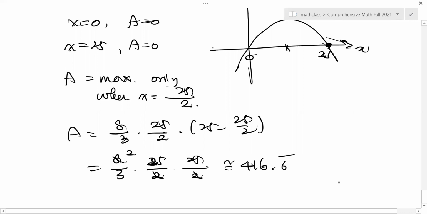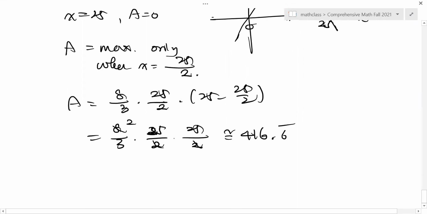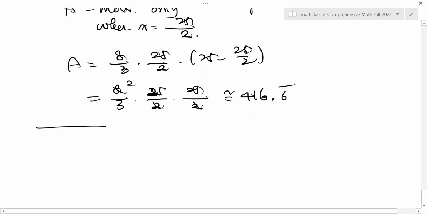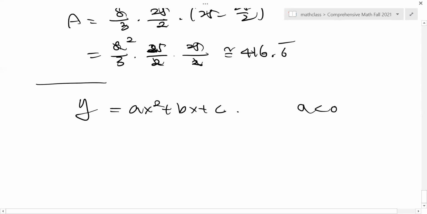Okay, that's our solution. Now, how to find the maximum value? For this one I used a picture. In general, if you are given a function ax squared plus bx plus c, where a is negative, then you can always find a way to express it in this form.